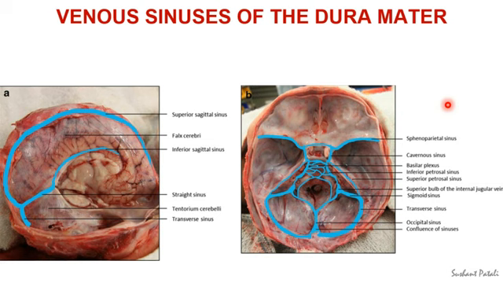But the structure is different. The dural venous sinuses are larger spaces filled with venous blood, formed by the separation of the two layers of the dura mater.